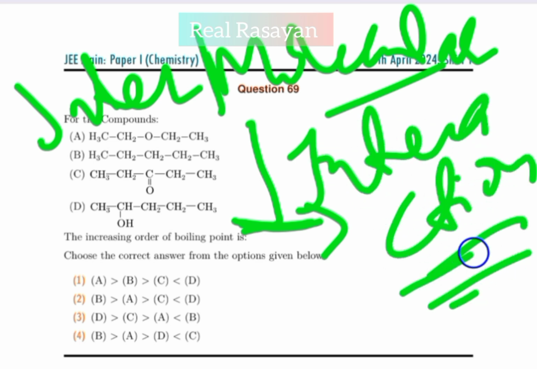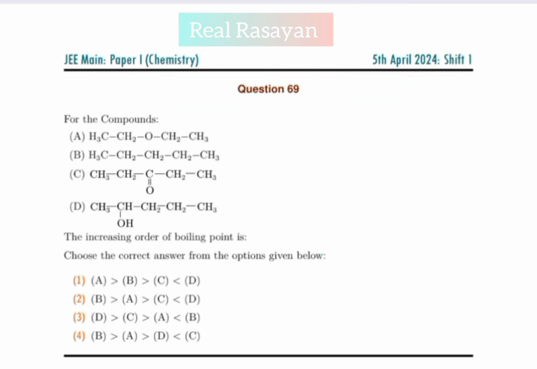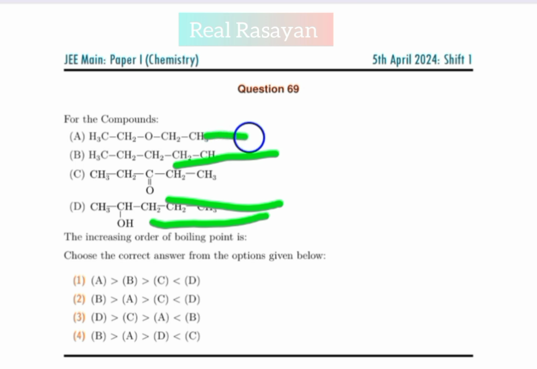Intermolecular interactions include hydrogen bonding in alcohol, dipole-dipole interaction in ketone, weak van der Waals forces in N-pentane, and dipole-dipole interaction in case of ether.